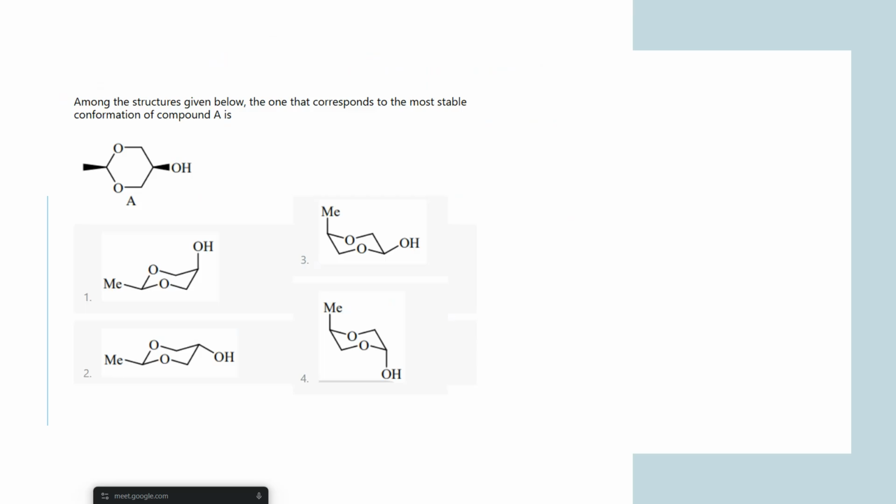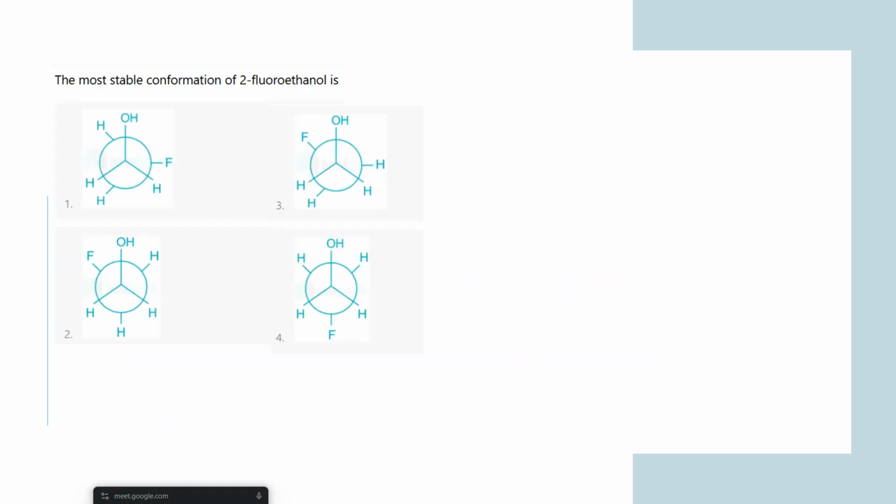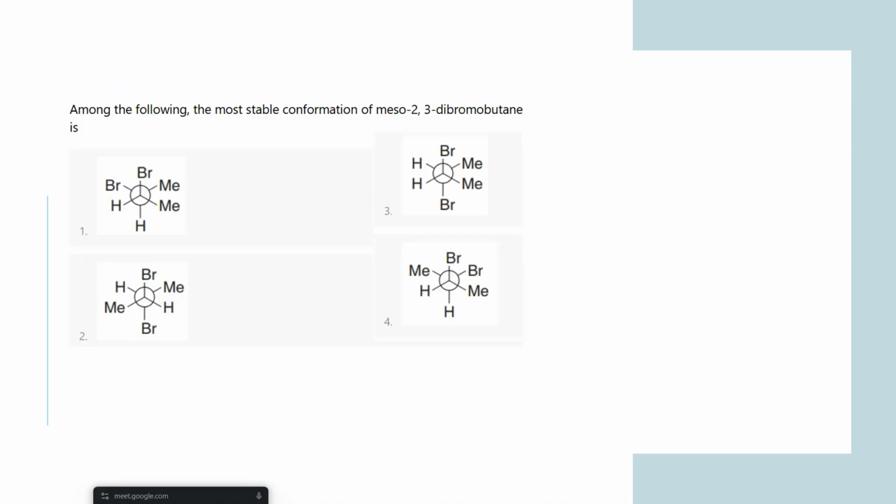Then we solved another question of this 1,3-dioxane, where one methyl substituent we placed in the equatorial position, whereas the hydroxy substituent we placed in axial position to have intramolecular hydrogen bonding stability. And then we also talked about the most stable conformation of 2-fluoroethanol and meso-2,3-dibromobutane.